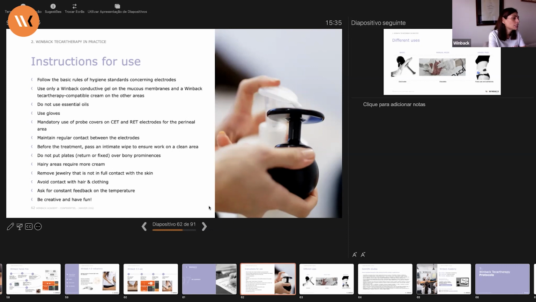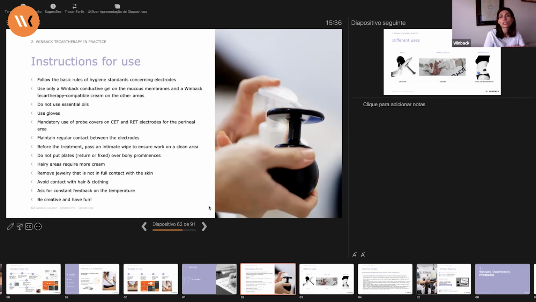It's essential to maintain regular contact between the electrodes. Always have a confident contact. Before each treatment, pass an intimate wipe to ensure you work on a clean area. Do not put the return plates over a bony prominence.